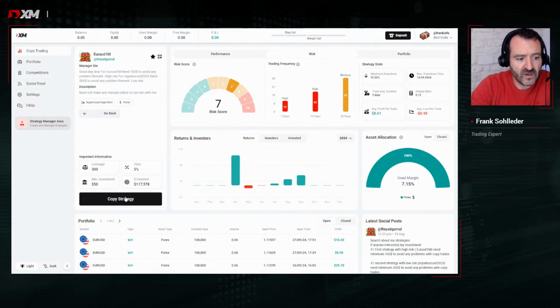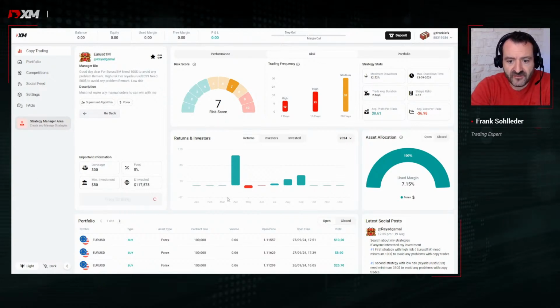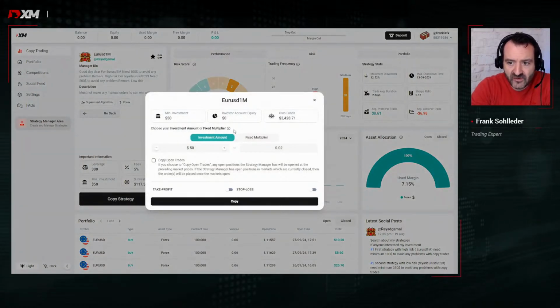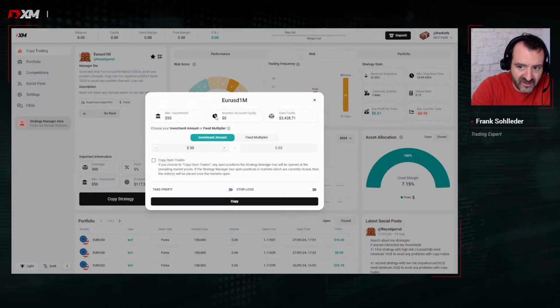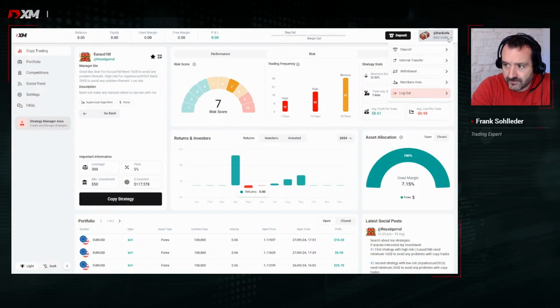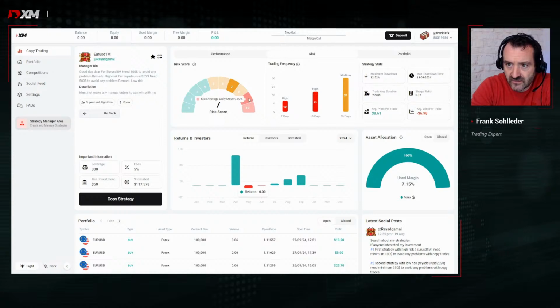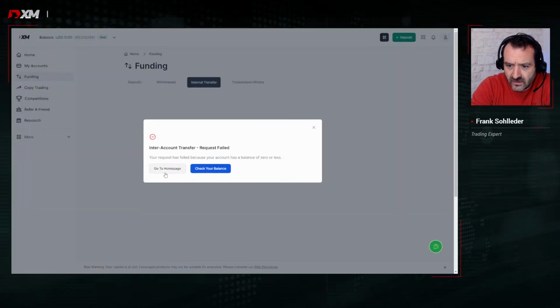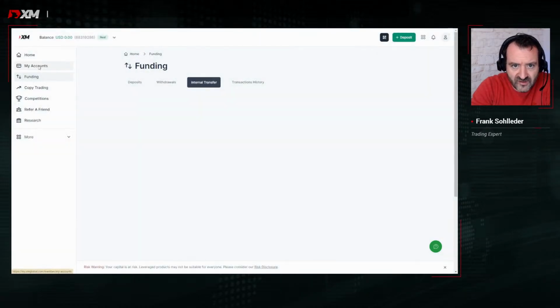Okay. So what we're doing right now, we have to copy. And to copy it, it's relatively simple. You go here and you see that the investor account equity is actually zero. This cannot be. You have to put your money on it so that you can invest it in this one. So the first thing we have to do now is go back in our members area and make an internal transfer. It failed. Okay, then we have to go back to the accounts here.